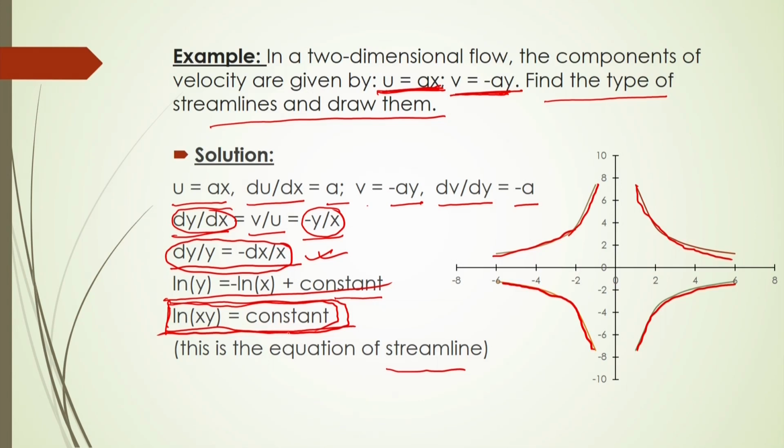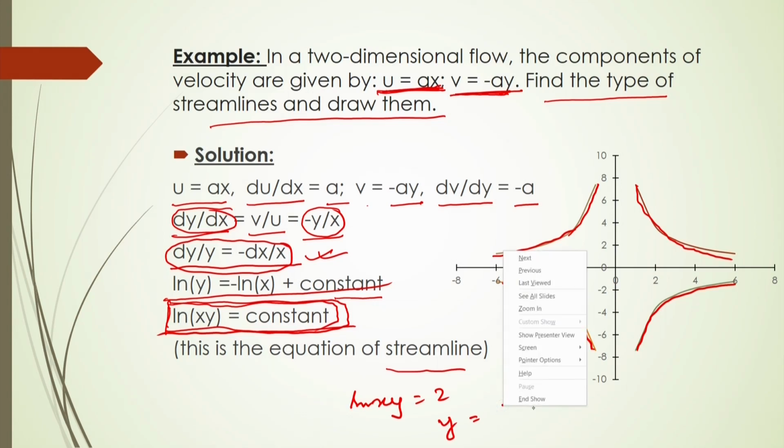Now, suppose this constant can take any value. Suppose ln xy is equal to 2, then what should be the y value? If ln xy is equal to 2, then y will be equal to e to the power of 2, divided by x.